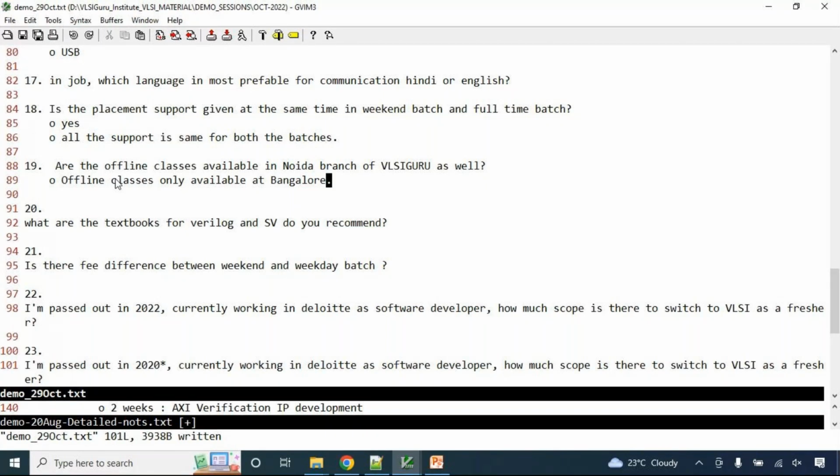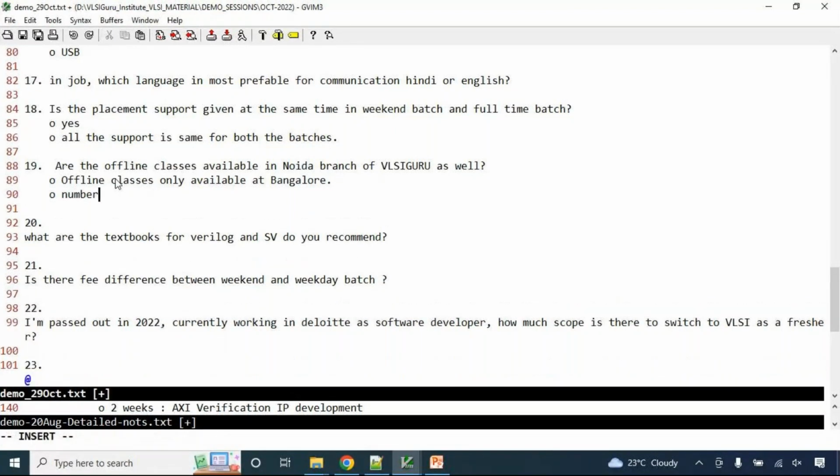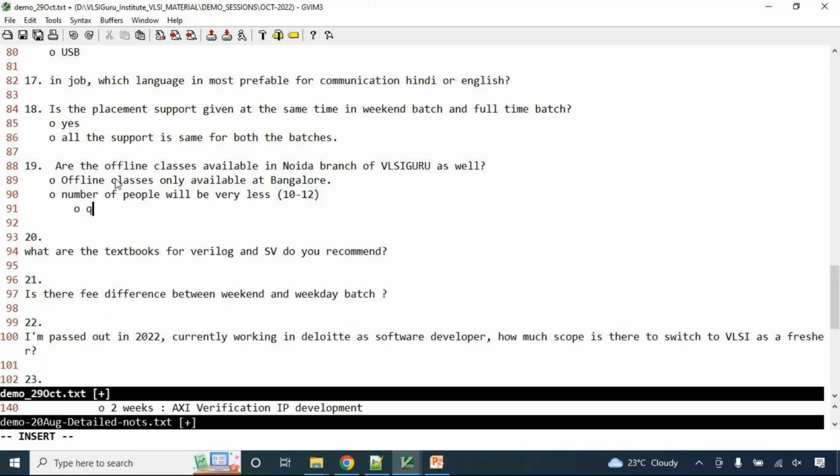The reason it's not a good place is that the number of people will be very less in a batch. Hardly 10 to 12 people will be there in a batch. Once you join the course there, you will realize that with 10 to 12 people, quality trainers cannot be provided.